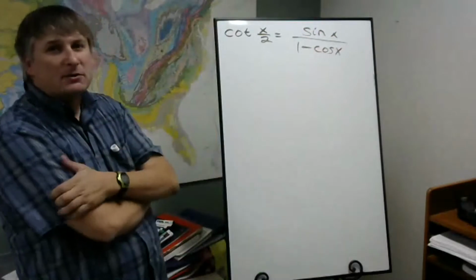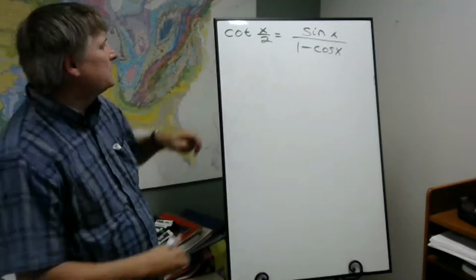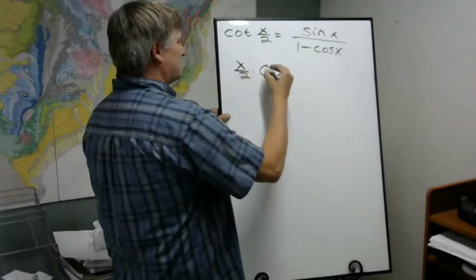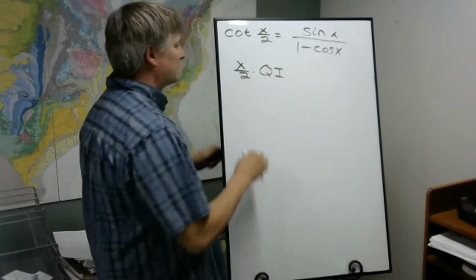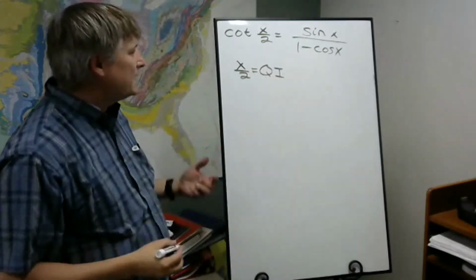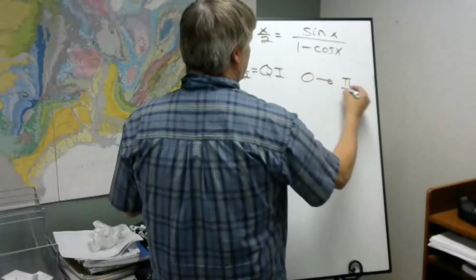So we want to think of this in terms of quadrants. Let's choose this to be some angle in the first quadrant. So that means that angle is from 0 to pi over 2.